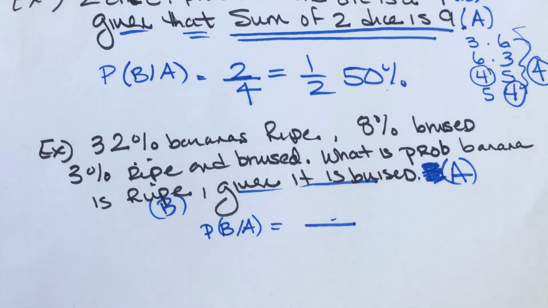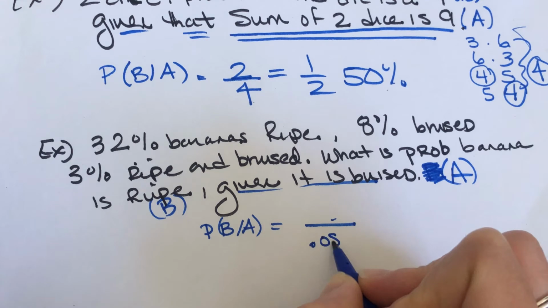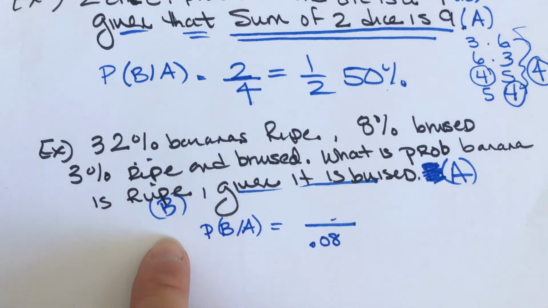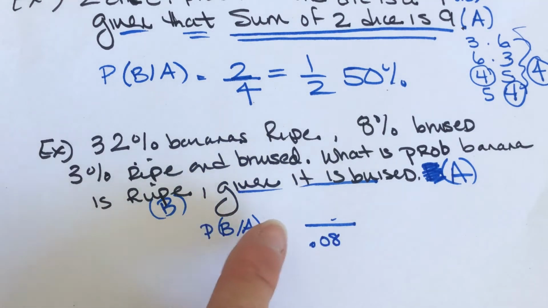So how many bananas are bruised? 8%, so about 0.08.